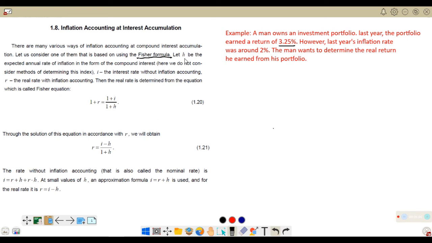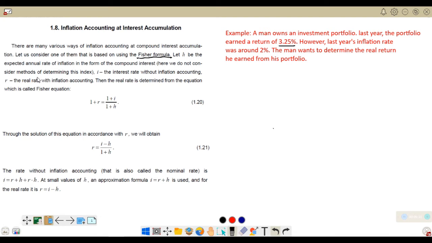In some books, hindi H yung notation. Minsan pi yung ginagamit dito or ibang symbol. But as long as defined naman siya, kung ano yung ibig sabihin, okay lang yon. So let H be the expected annual rate of inflation in the form of the compound interest.